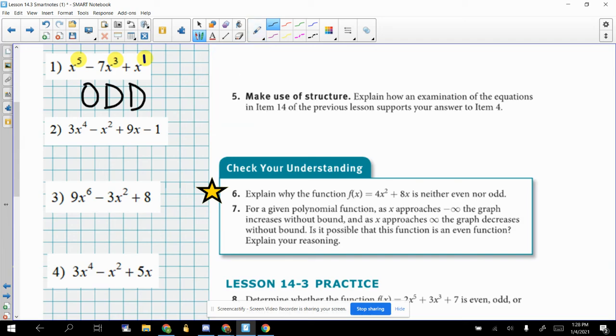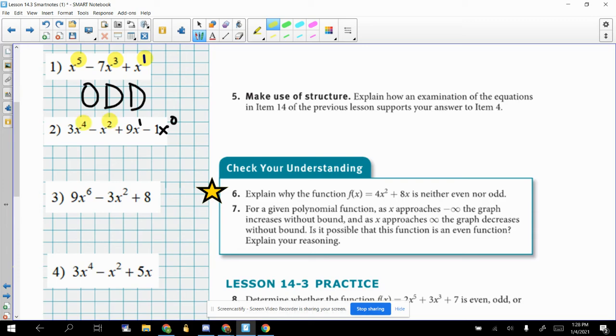Then let's go ahead and do the same thing with the next one. We have 3x to the 4th, negative x squared, 9x, which again is linear, so we're going to put a little 1. And then we have a constant, which we can think of as x to the 0 power. Okay. All right, so now, again, let's go ahead and take a look at all the exponents.